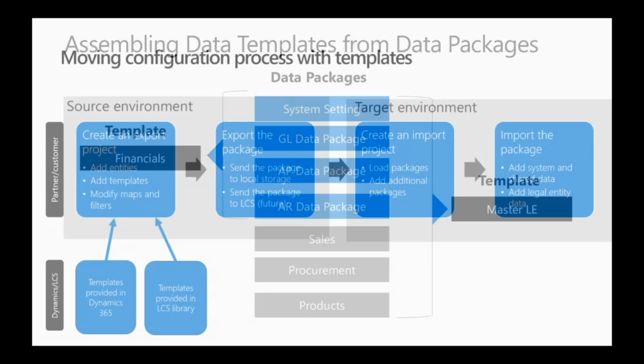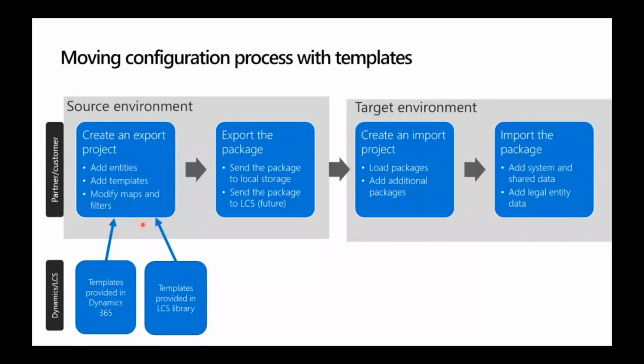How does it work? Typically, in the user interface, if we're talking about configuration from one environment to another, in your source environment you go into your data management and create an export project, and then you would typically use one of the templates, either one that you have created yourself, upload that template, and export the data together for all the entities which were defined in the template to a local data source.